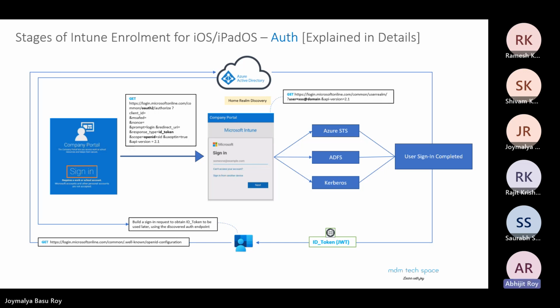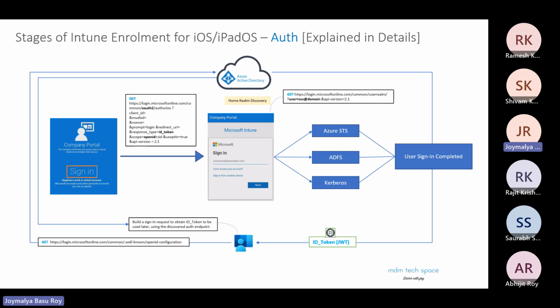So Joy, is Kerberos also working in case of Intune? Hmm. Why not? Kerberos authentication will happen, and then Azure AD will get a SAML response back, and that SAML token will be provided back to company portal. In the case of ADFS also, it is a SAML token.